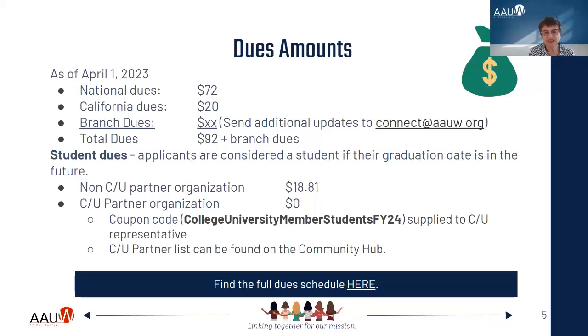The way they take advantage of this is that there is a coupon code associated with it, and these students can get their coupon code from the CU representative of their college or university. But for the benefit of all of you branch officers, here is the coupon code they would need to enter: college university member students FY24.